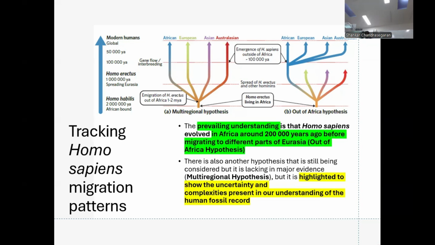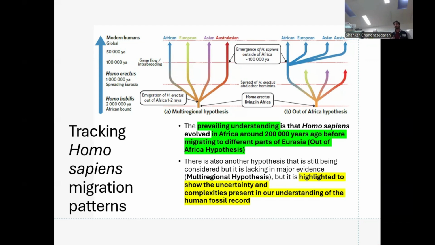Whereas when we talk about the multi-regional hypothesis, we do have some ideas of why that could be a possible thing that could have happened. Basically, it is highlighted to show the uncertainty and complexities present in our understandings of human fossil records, right?